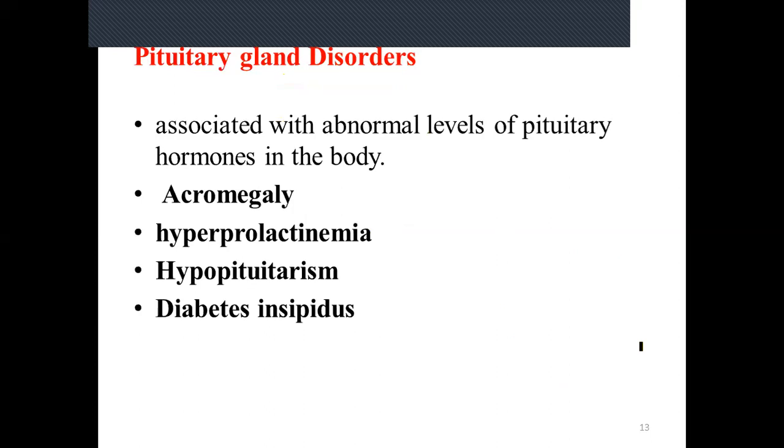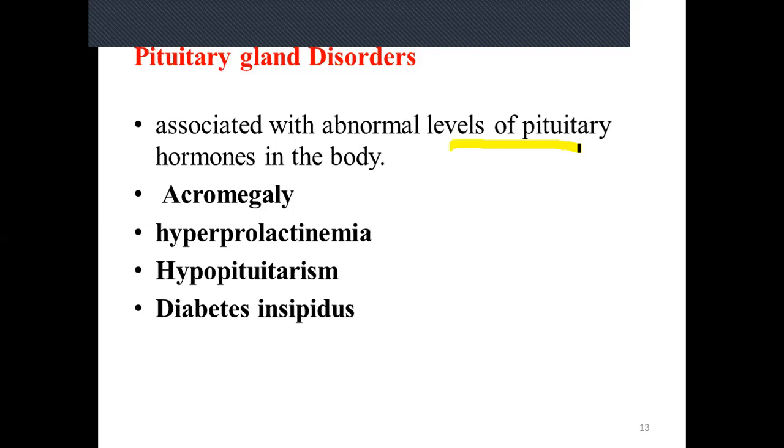Having said this much about the introductory session on the physiological aspects of the pituitary gland, now let me take you through the pituitary gland disorders we are going to discuss today. Mostly, pituitary gland disorders are associated with abnormal levels of hormones in the body system.